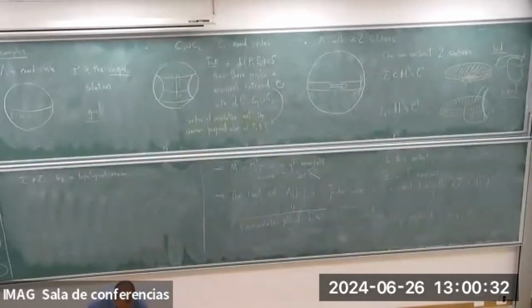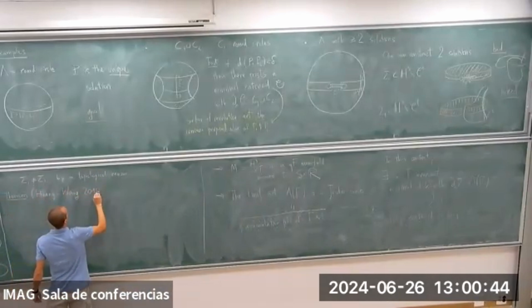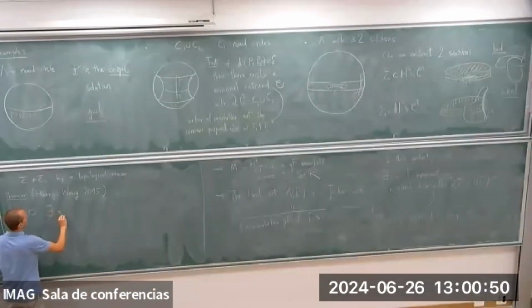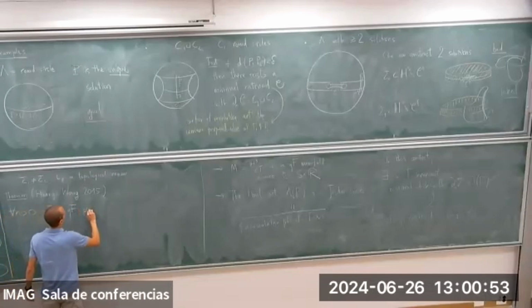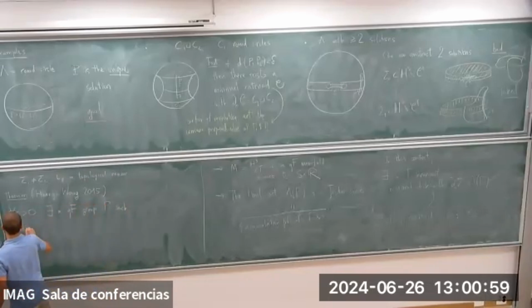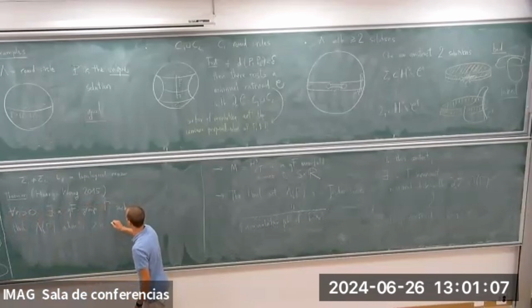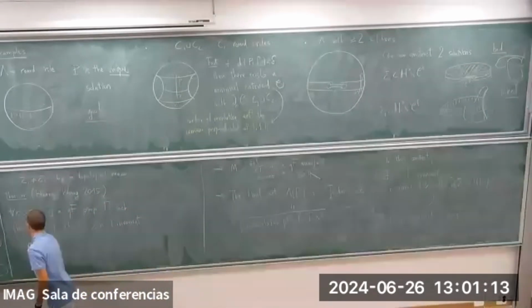And there is a theorem, from 2015, which says that for any integer n, there exists a quasi-Fuchsian group Gamma such that the corresponding set Lambda of Gamma admits at least n Gamma-invariant solutions of the asymptotic problem.